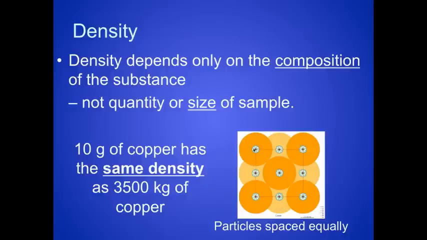So in a certain amount of volume, the amount of matter is going to be the same. It doesn't matter if it's a small sample or a large sample. The fact that it's copper means it has the same density. Now if it's a different substance, these nuclei are going to be maybe a little bit farther apart, so they're going to have a different density. Different substances, of course, have different densities, but the same substance has the same density, regardless of size.